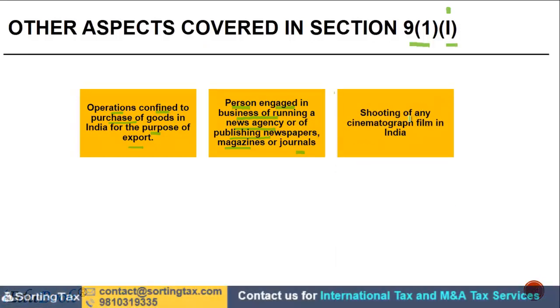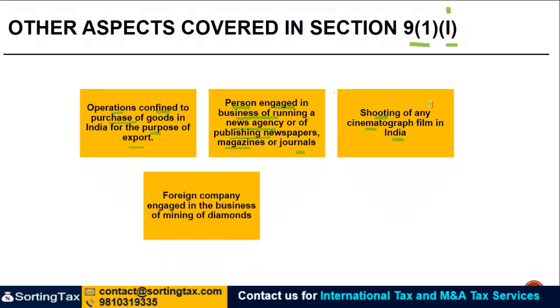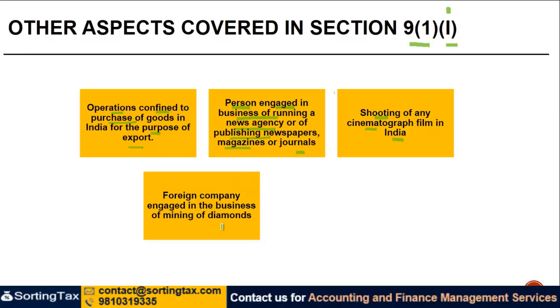In the case of a person who falls under certain specified categories, if they are just engaged in shooting of any cinematographic film in India, no income shall be deemed to accrue or arise in India. For a foreign company engaged in the business of mining of diamonds, if they display certain uncut diamonds in certain specified zones, then just because of that display, they will not be treated as having any income in India. If there's a business connection through an agent, then of course there would be allocation of certain income, but this is an aspect which we will discuss in detail towards the end.